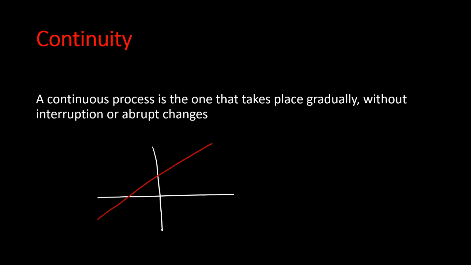But if I have another graph that goes like this, then it stops here, then it starts here and goes like that, this graph is discontinuous. It's not continuous. It's discontinuous at this x equals 0 line. You see, that's your continuity.